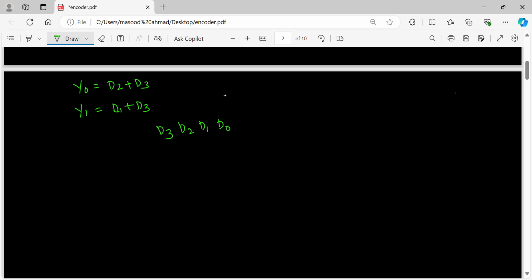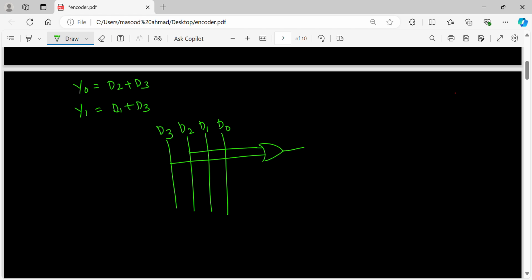So Y0 is D2 plus D3: take D2 and D3 and connect them to an OR gate, and I get Y0. You take D1 and D3 and connect them to an OR gate, then I get Y1.